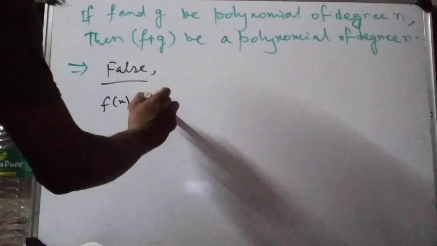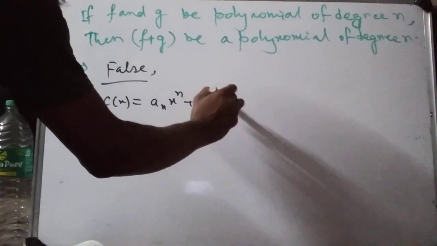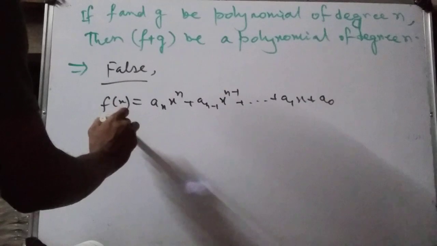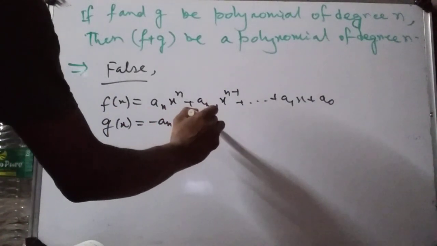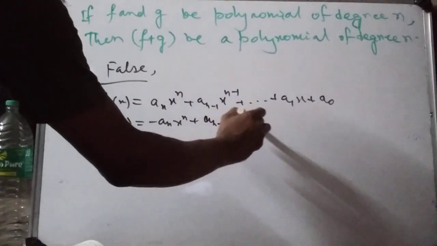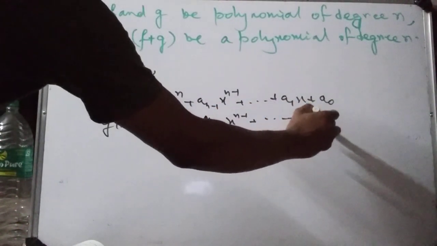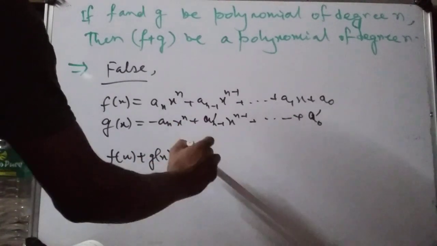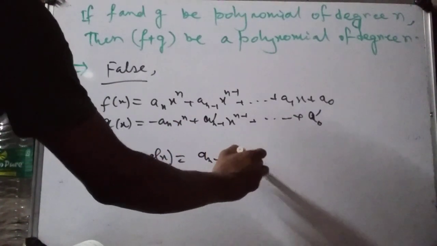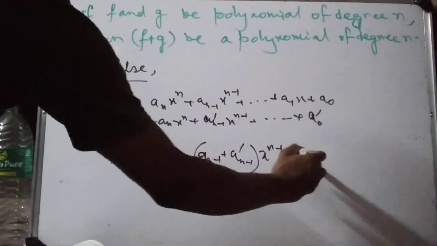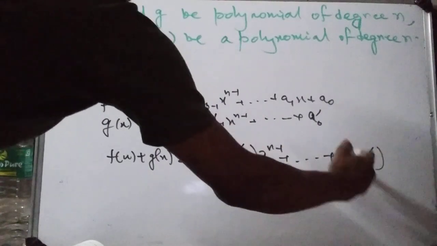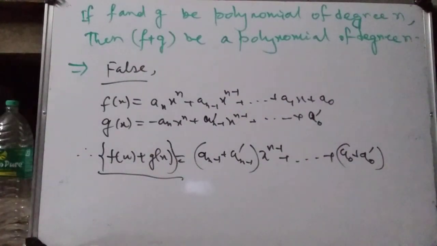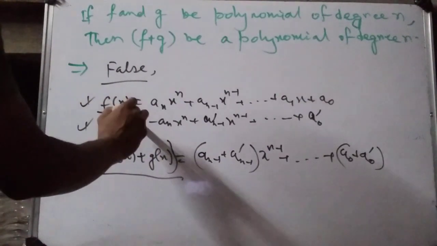We write f(x) equals a_n x to the power n plus a_(n-1) x to the power n minus 1 plus dot dot a1 x plus a0, and g(x) we write in this way, minus a_n x to the power n plus a_(n-1)' x to the power n minus 1 and so on, up to a0'. Then what happens? f(x) plus g(x) equals a_(n-1) plus a_(n-1)' times x to the power n minus 1, up to a0 plus a0'. Then this one is a polynomial of degree n minus 1, and these ones are polynomials of degree n.